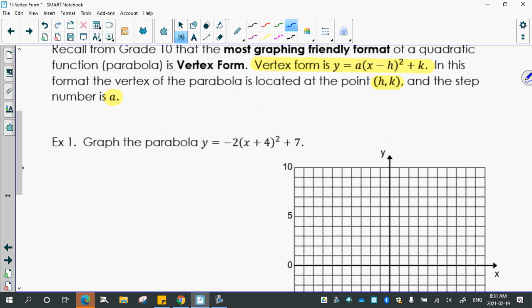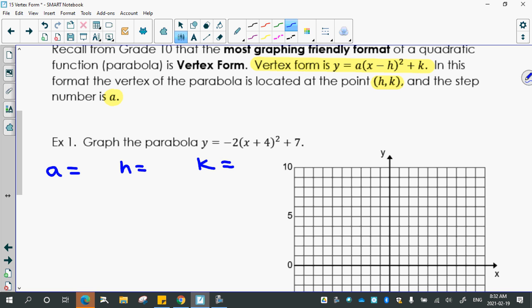So graph the parabola y equals -2 times (x plus 4) squared plus 7. So based on this formula here, see if you can figure out what A is, what H is, and what K is. So you're basing it off this formula. What would the A be? What would the H be?